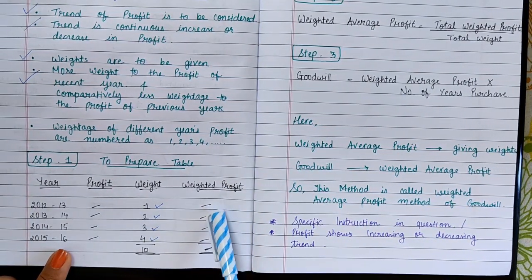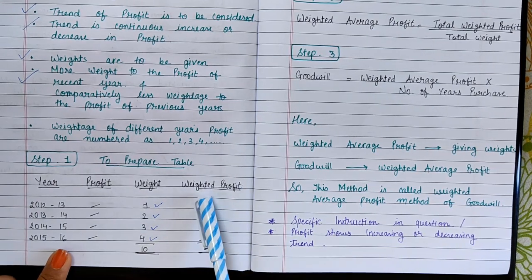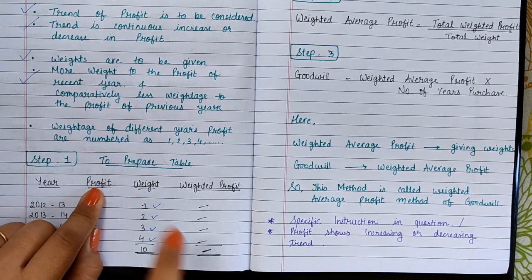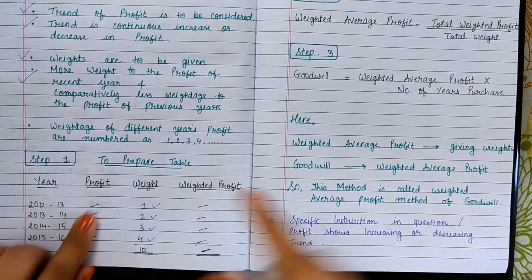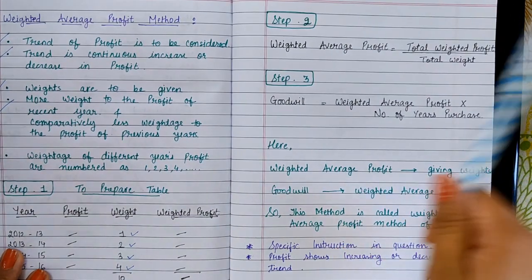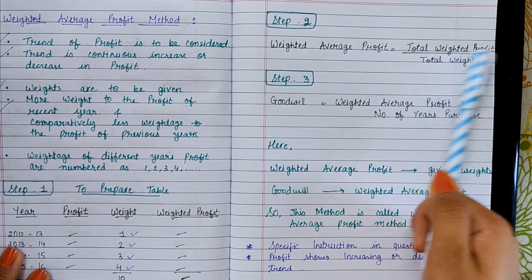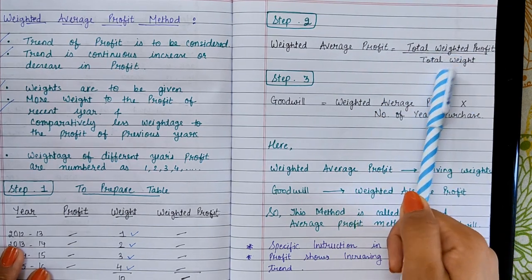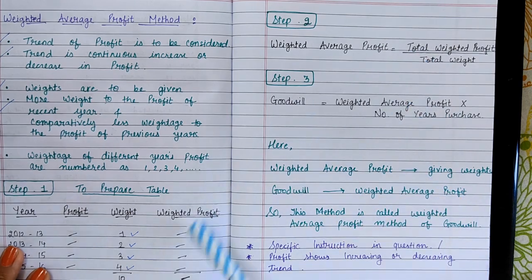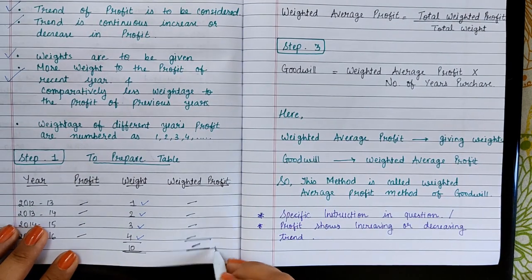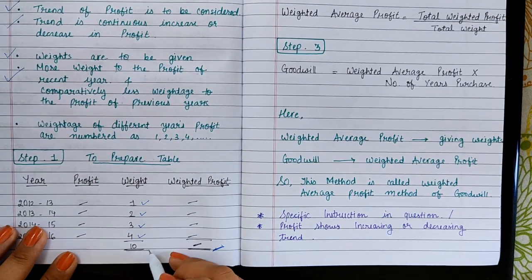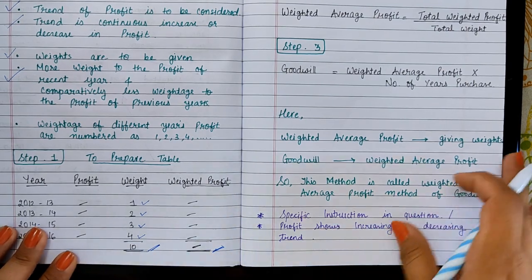Then in the fourth column you have to find weighted profit by multiplying profit with weights. Then step 2: weighted average profit is equal to total weighted profit divided by total weight. Both details we can get from the table.